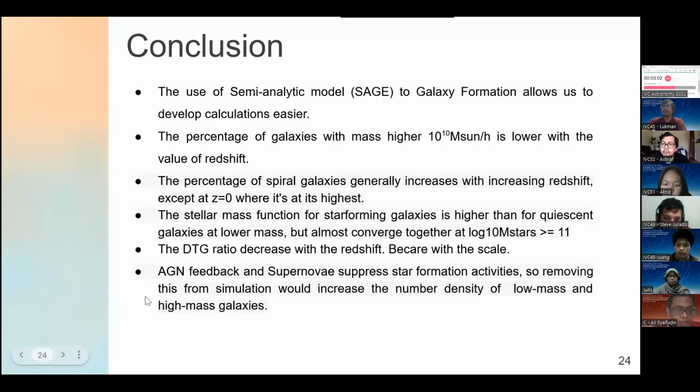For the second exercise, along with this question by Dr. Loki, the percentage of spiral galaxies increases. As far as I understand, redshift is first and foremost a measure of distance.